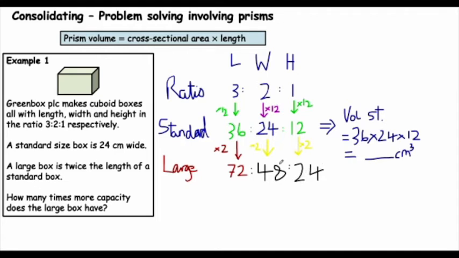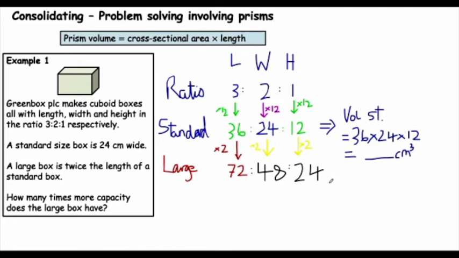Double check at this point. Are the large box measurements in the same ratio as the original ratio? Is the height times 2 the width? Yes. And is the height times 3 the length? Height times 3 is the length. Okay, good.